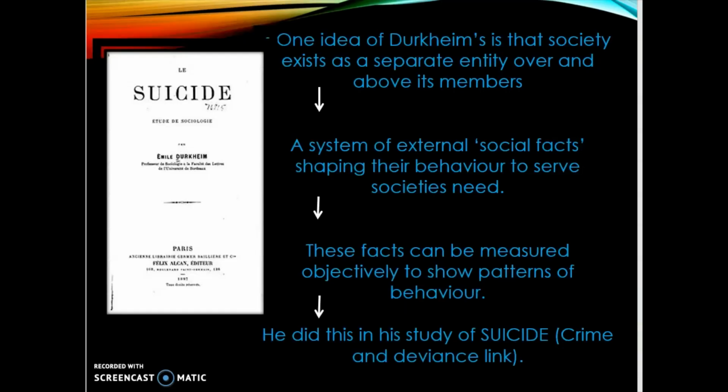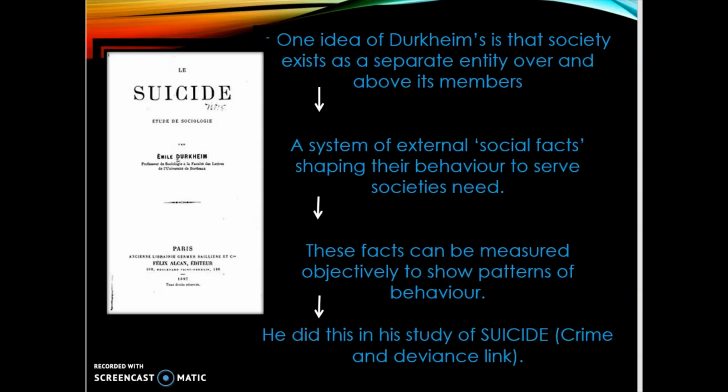One idea of Durkheim's is that society exists as a separate entity over and above its members. This system of external social facts will shape people's behaviour, which serves society as a whole. Now these facts can be measured objectively to show patterns of behaviour, and he did this in his study of suicide, which is our first link.